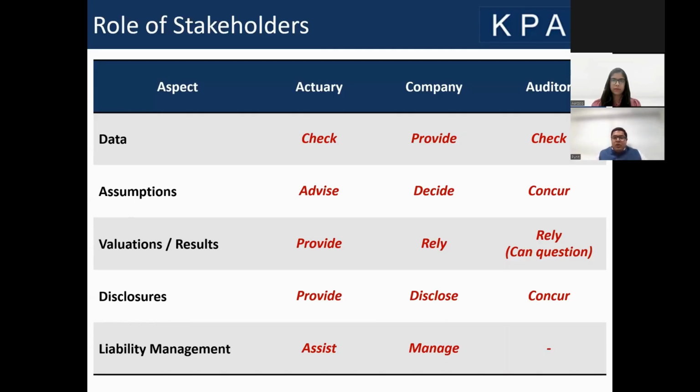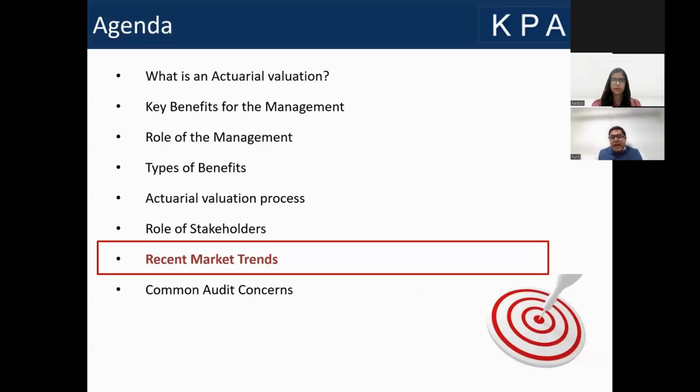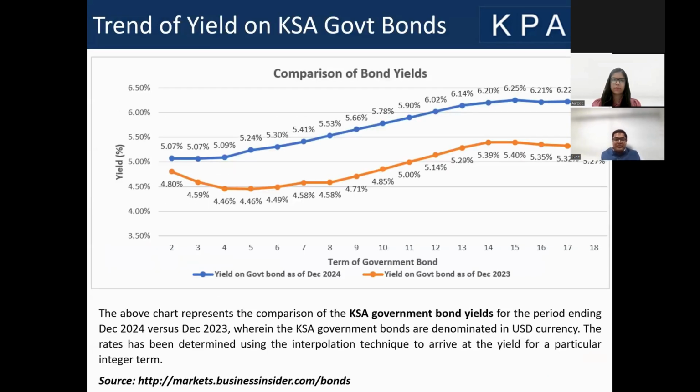Now, we will look at the recent market trends which have occurred and impact the actual valuation results. So, if we look at this slide, we will see the government bond yields across all the terms have increased as on December 2024 if we compare it with the bond yield as on December 2023.